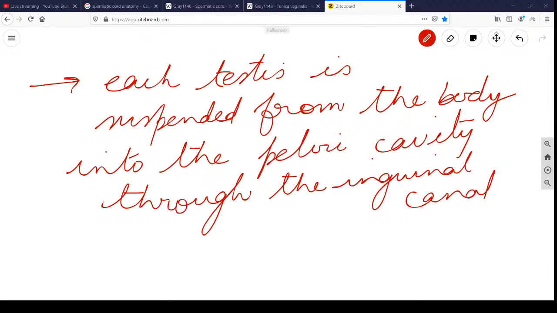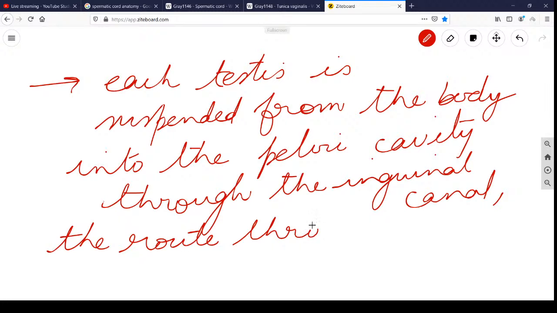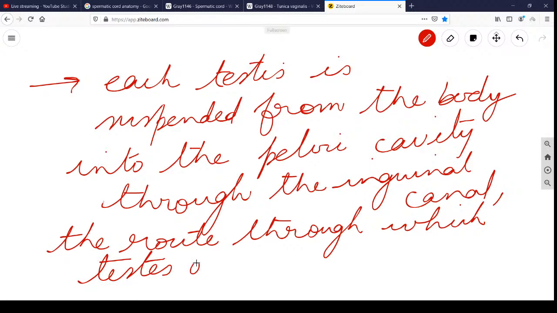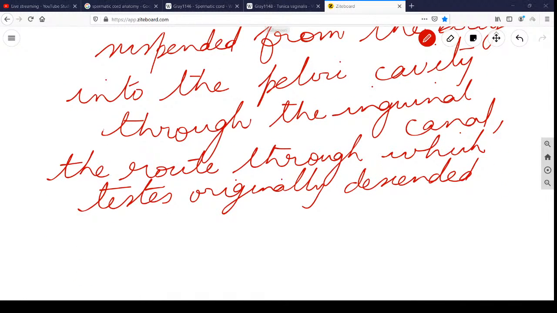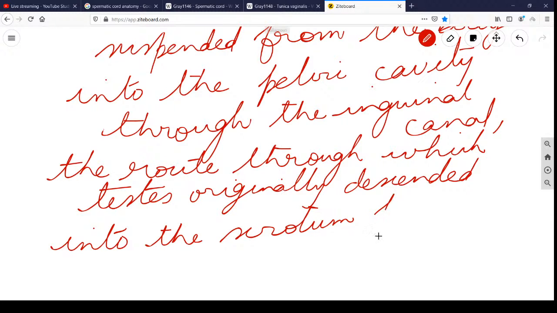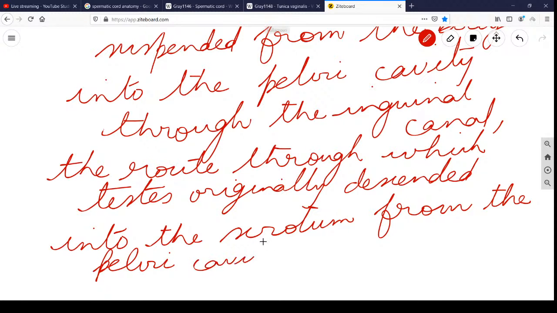It is the route through which the testis originally descended to, or into, the scrotum from the pelvic cavity before birth. Okay, so that is what happens, right?